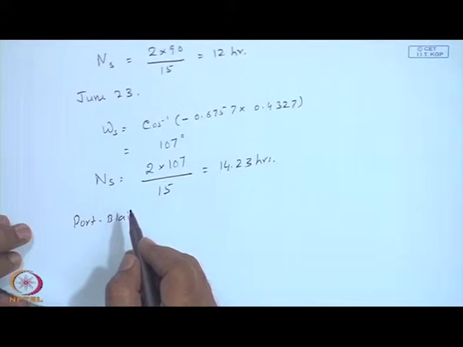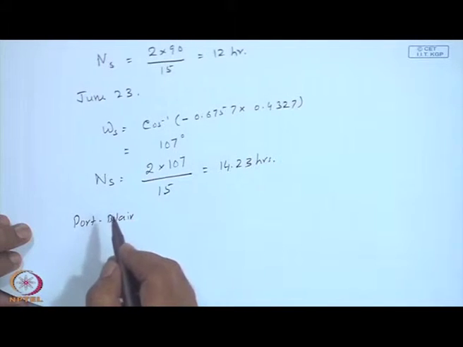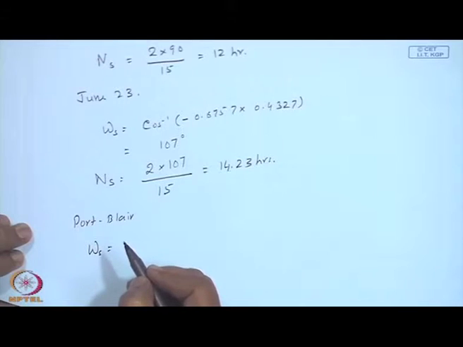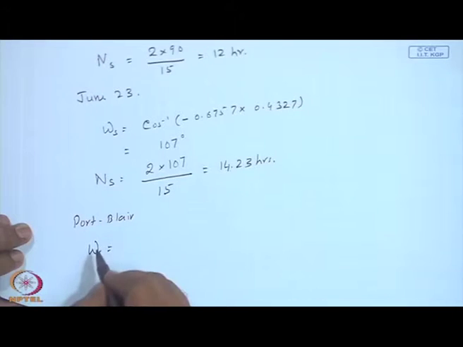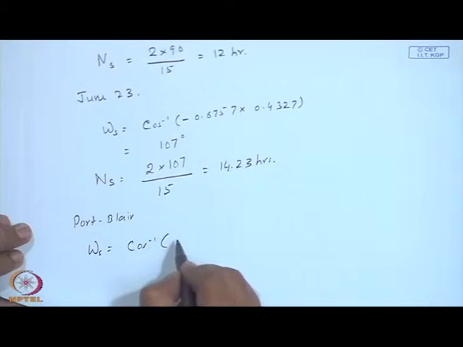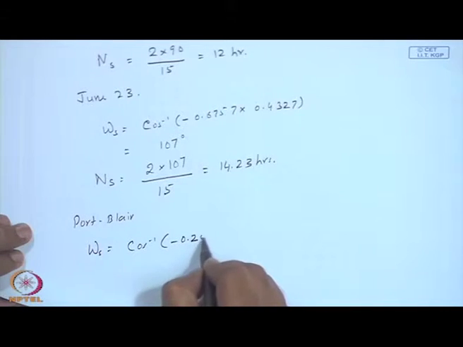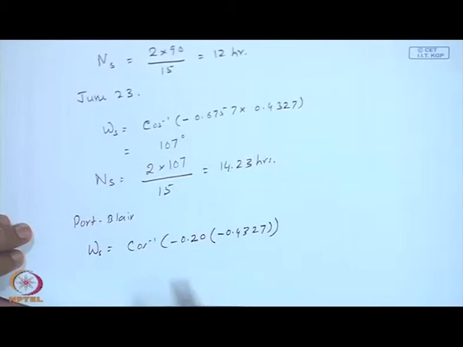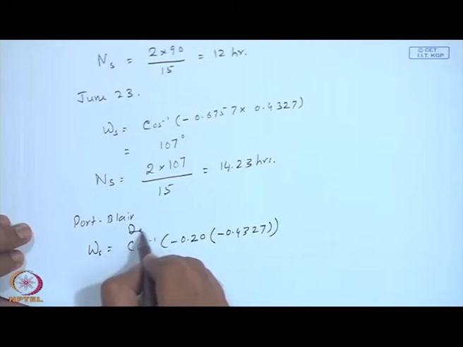Port Blair has got a latitude of only, what is the latitude? Okay, I think I must have given previously, and you can see from the table that we have provided earlier. We will go for December, omega s is cos inverse of minus tan latitude times minus 0.4327, because it is December, you have a negative declination.